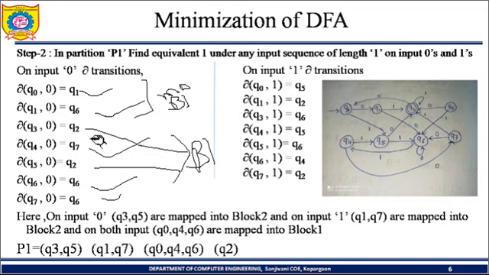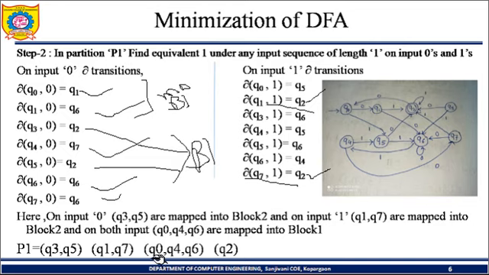So that's why Q3 and Q5 are different than the states Q0, Q4 and Q6 as well as Q1 and Q7. But on input 1 you can check here, Q1 and Q7 are mapped into a different block, that is block 2, but all remaining states, that is Q0, 3, 4, 5 and 6, are mapped into the same block, that is block 1.